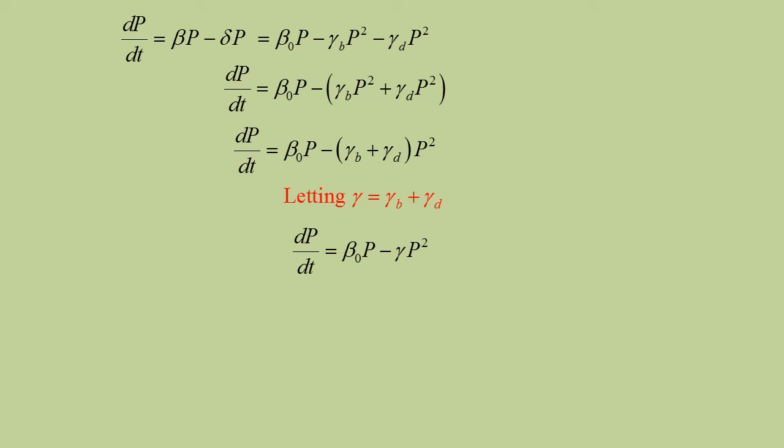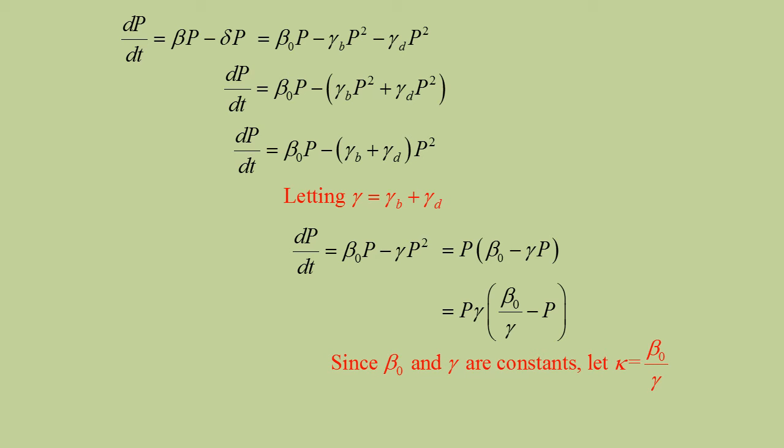And the gamma, as you can see, is some combination of those two constants together. So a little bit of simplifying, and we can now factor out the gamma and rewrite the beta naught divided by gamma as just some other constant, which we'll call kappa. There's a significance behind the lettering scheme kappa. And so our differential equation would come out looking like this.